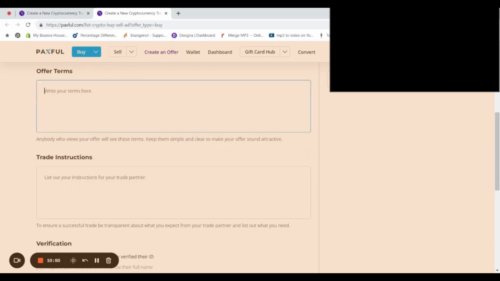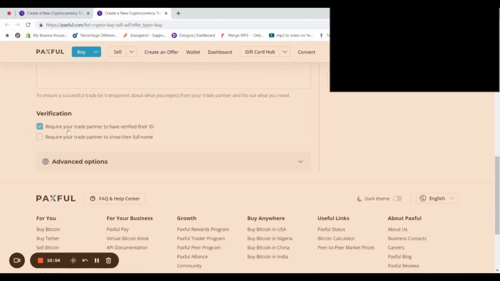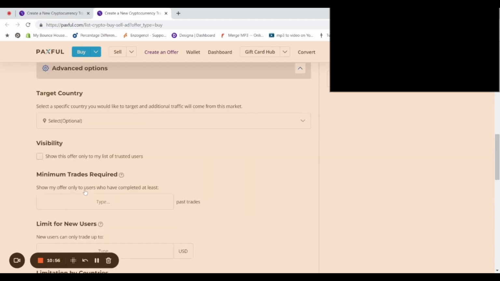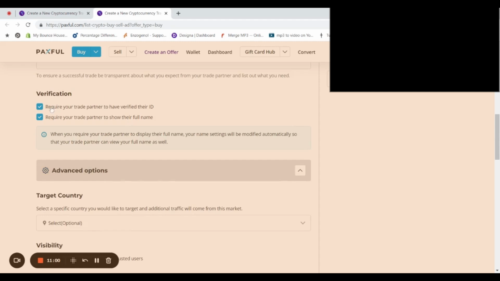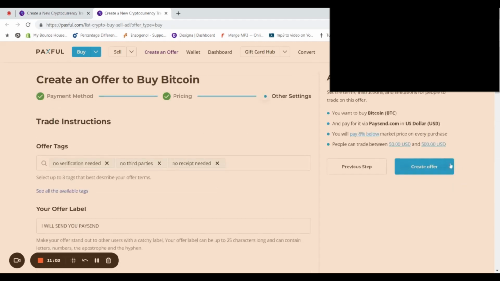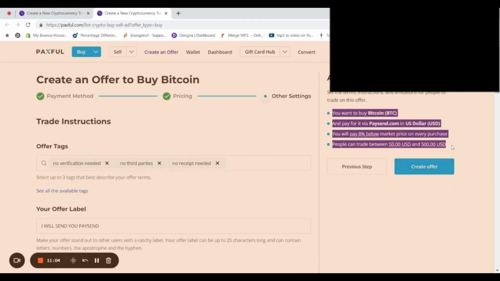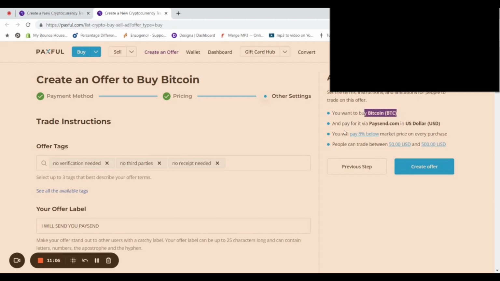Again, I'll put the instructions here, which will be in one of the following videos, and you can have the same parameters for any requirements as previously. Then you hit create offer, and we can see the details. I want to buy Bitcoin and pay for it via Paysend in US dollars.